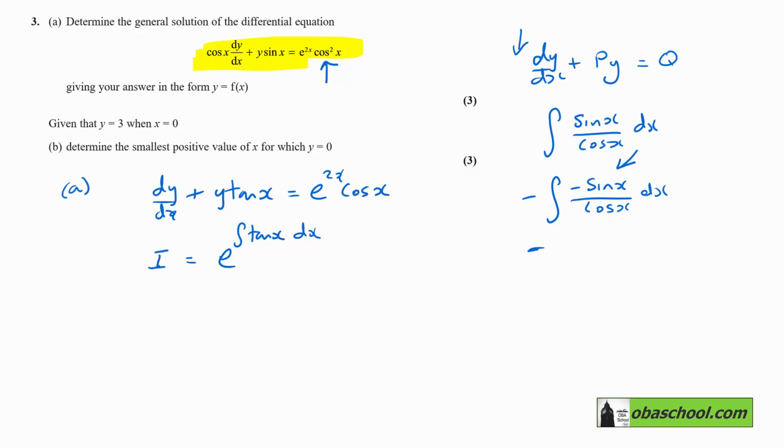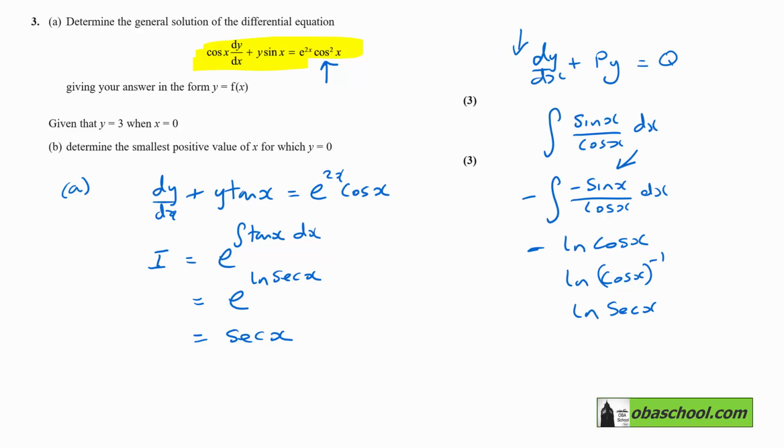So it's negative ln cos x, which is ln (cos x)^(-1) using a log law, which is ln sec x. So this one here is e^(ln sec x), and because we know the exponential and the natural log are inverse functions, that means it's just sec x.